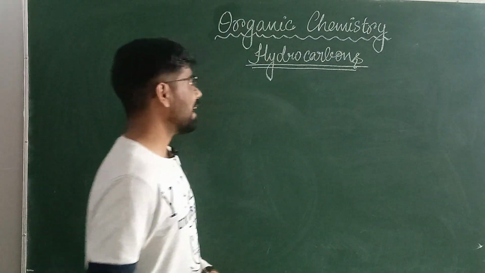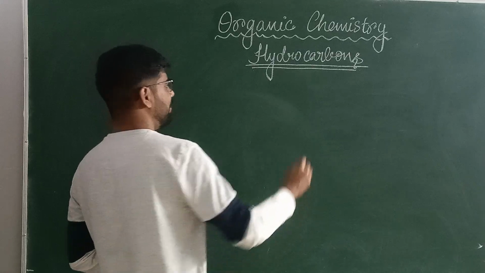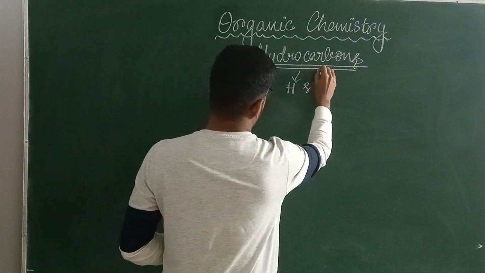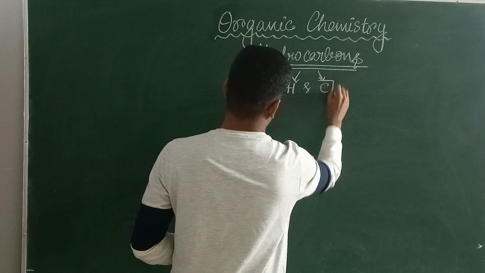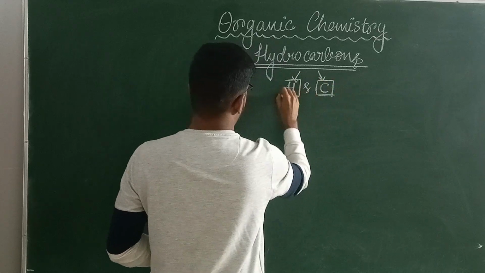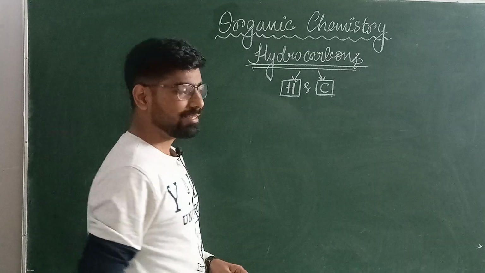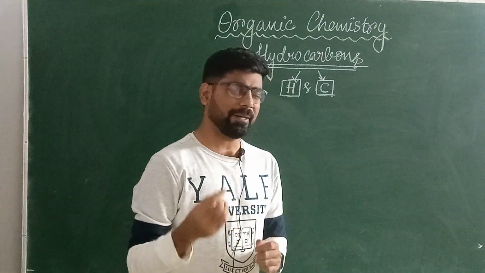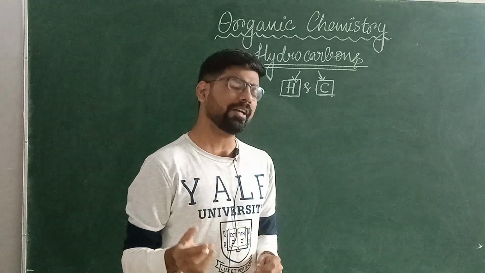So hydrocarbons, as the name suggests, is mainly made up of two elements, hydrogen and carbon. Carbon has certain properties which we have studied in class 10. I will be repeating them just to give you a quick recap.